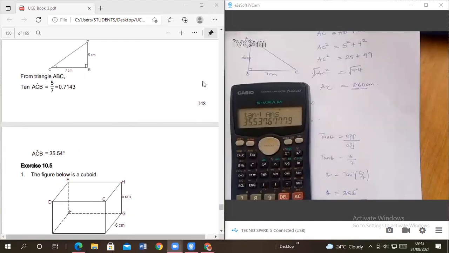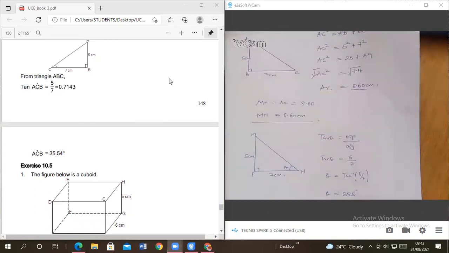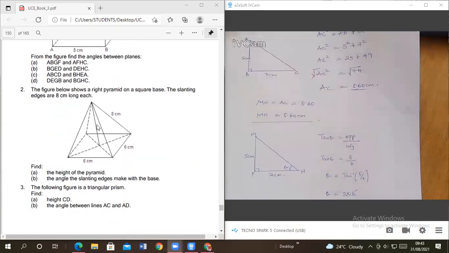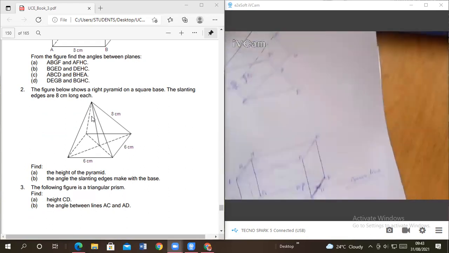Let us have one more example and then we shall see. Now I'm not going to do a cuboid, but I'm going to do a pyramid so that you understand about a cuboid and also a pyramid. Is it okay, members? Yes, teacher. So let us look at this pyramid here.